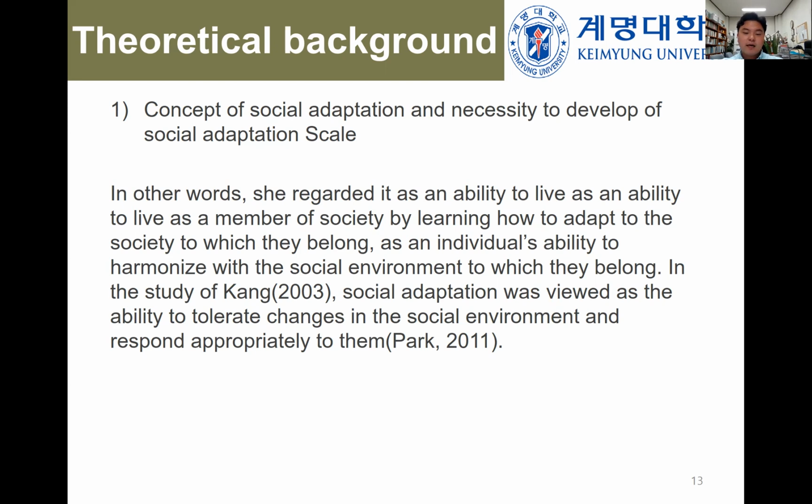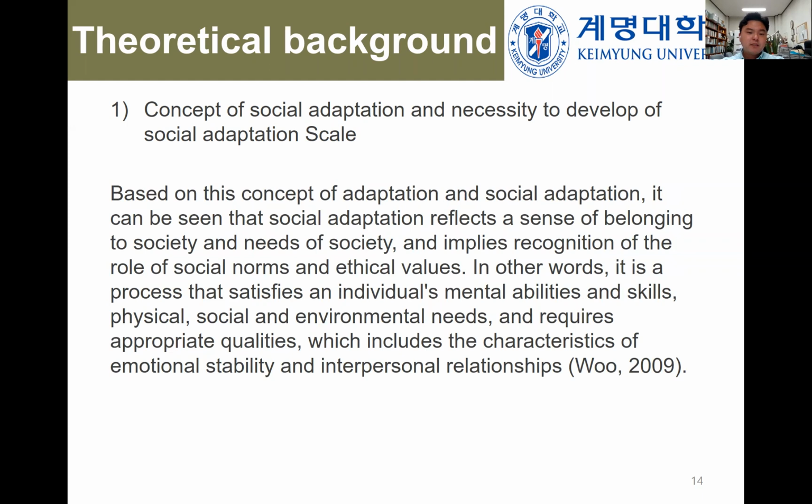In the study of Kang, social adaptation was viewed as the ability to tolerate changes in the social environment and respond appropriately to them. Based on this concept of adaptation and social adaptation, it can be seen that social adaptation reflects a sense of belonging to society and the needs of society, and implies a recognition of the role of social norms and ethical value.